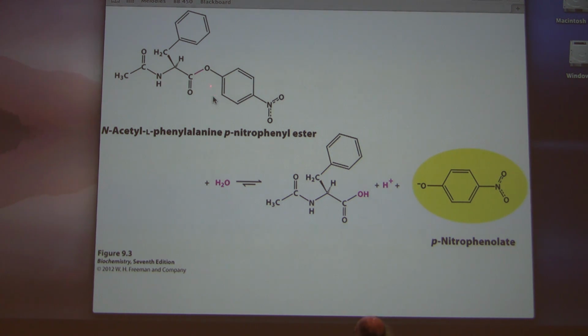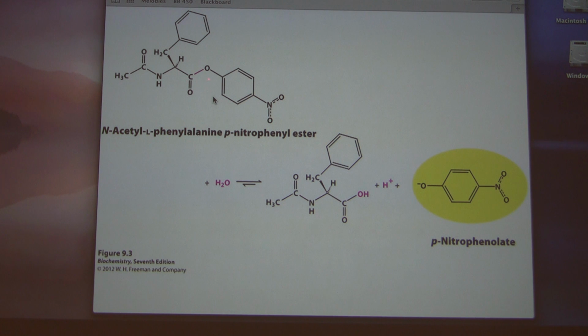This is an artificial substrate on the upper left. Okay, this long mouthful of a molecule name. You don't need to know the name. But it's an artificial substrate. And this artificial substrate looks enough like a polypeptide that chymotrypsin can bind to and cut. The chymotrypsin, in fact, does bind to it and does cleave a bond.